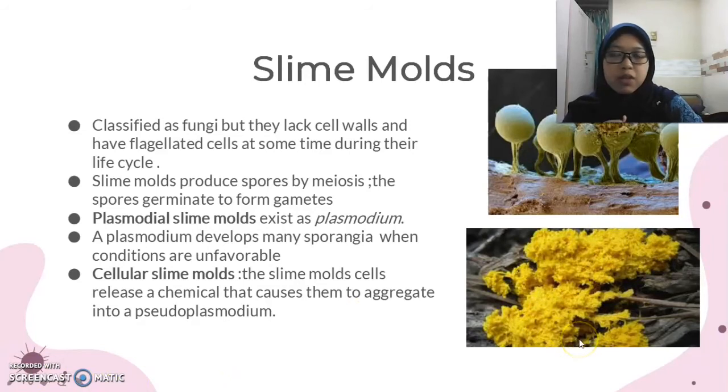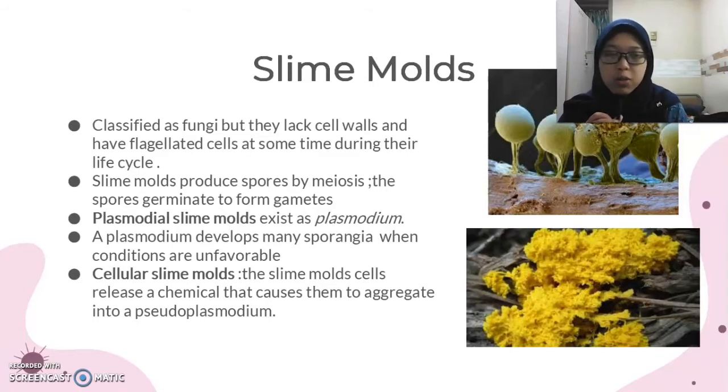A plasmodium develops many sporangia when the conditions are unfavorable. So this one is a sporangia. For the cellular slime molds, they exist as individual amoeboid cells. When the conditions are unfavorable, the slime mold cells release a chemical that causes them to aggregate into a pseudoplasmodium.